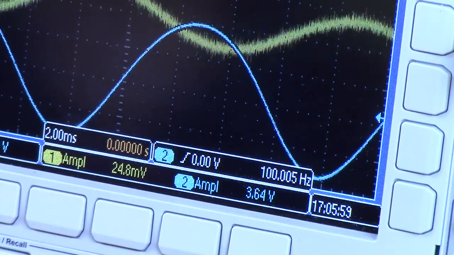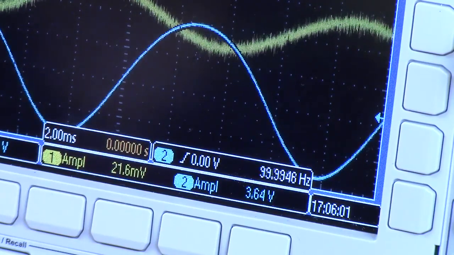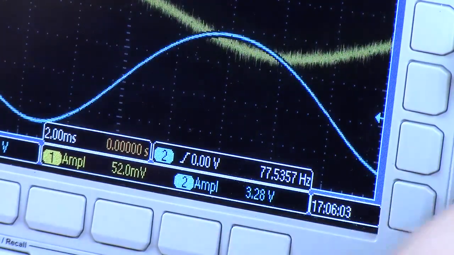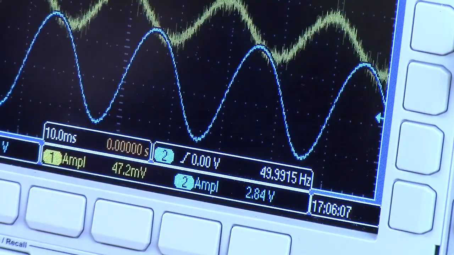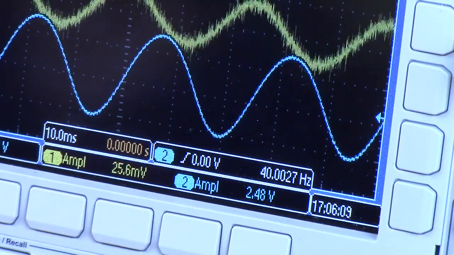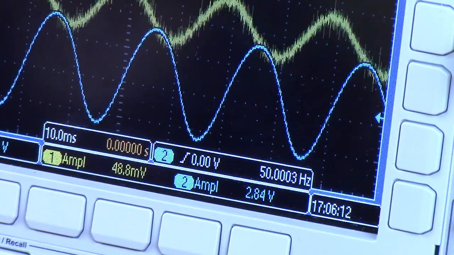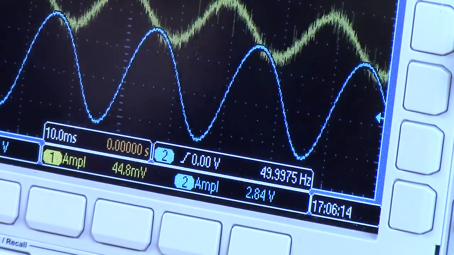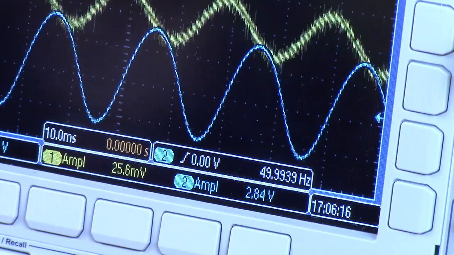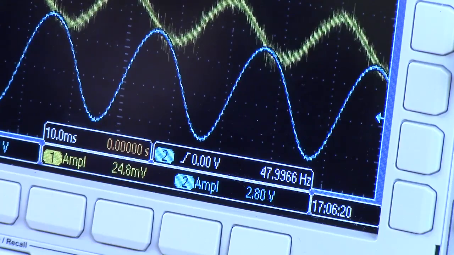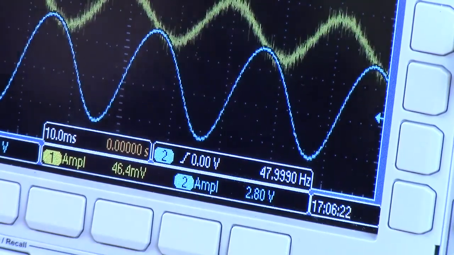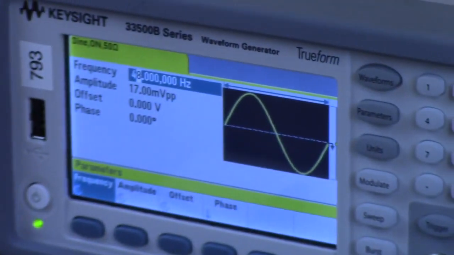We're down to 100 hertz now. And 3.6, 3.5, 3.4, 3.84. Let's see if we can get a little bit more exact. Right about there. So that's at about 48 hertz. So what we're getting for C2 is a pole frequency at 48 hertz.